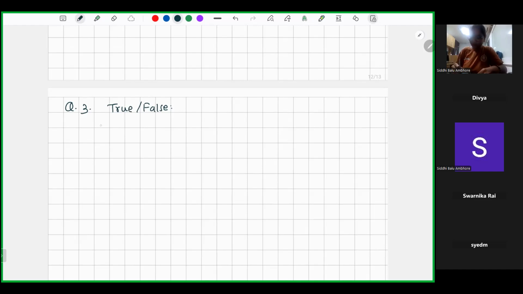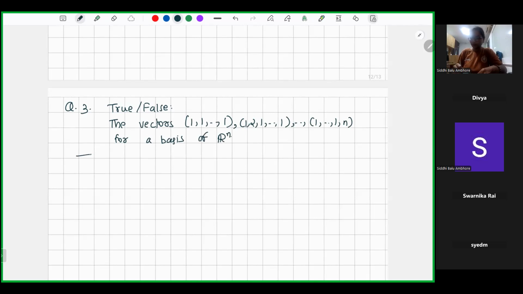The vectors (1, 1, ..., 1), (1, 2, 1, ..., 1), up to (1, 1, ..., n) form a basis of Rn. We have to check whether this forms a basis of Rn.